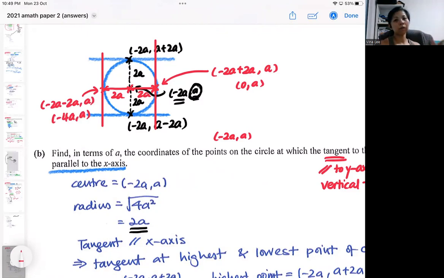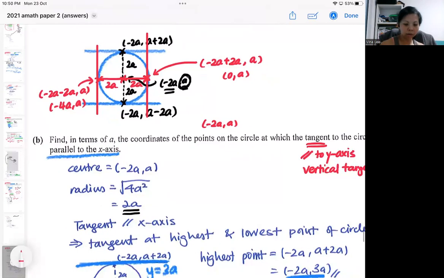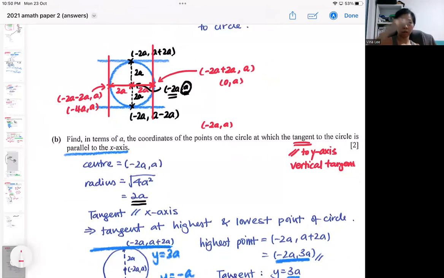So if they ask you for the vertical, the tangent that are parallel to the y-axis, you look for the widest point, the true extreme point. That means from the center, you add a radius. From the center, you add a radius on the left, right? So for this question, they're asking you for the tangent parallel to the x-axis. That means you find the highest and lowest. That means from the center, you add a radius.